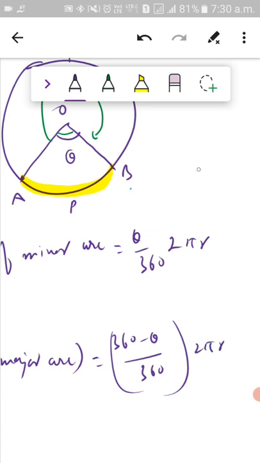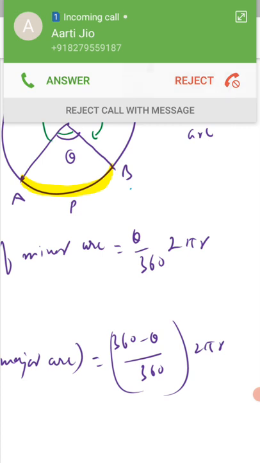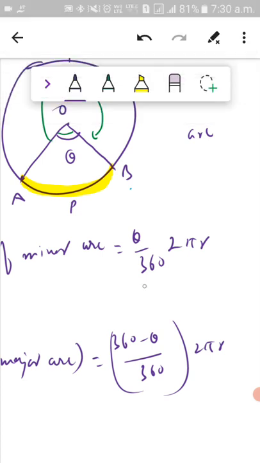Here please remember again, if in any question somebody says length of arc, then if somebody says find the length of arc, it means he is saying for the minor arc.